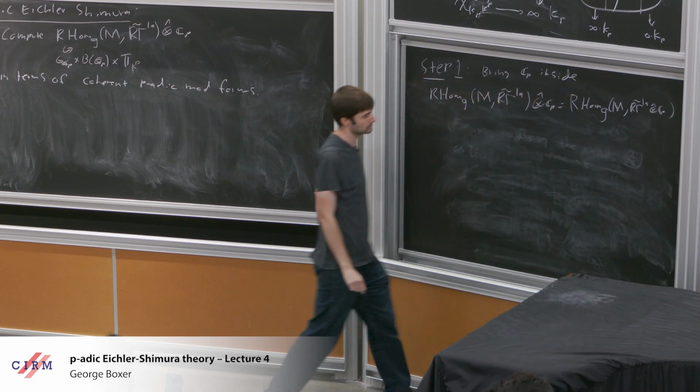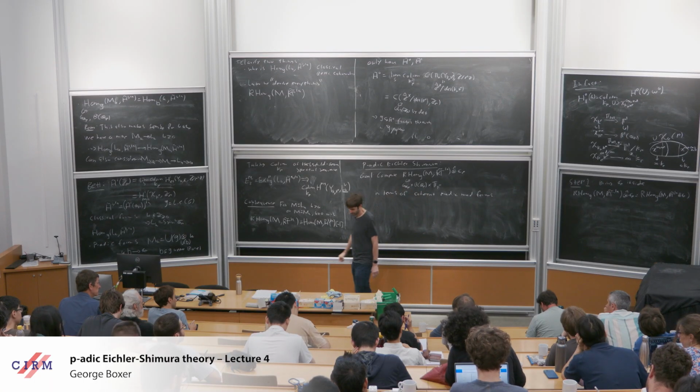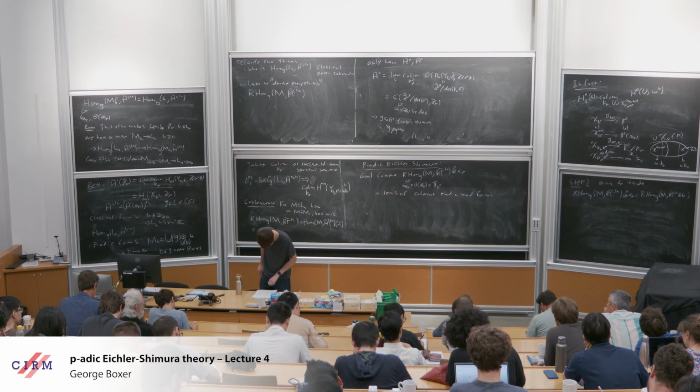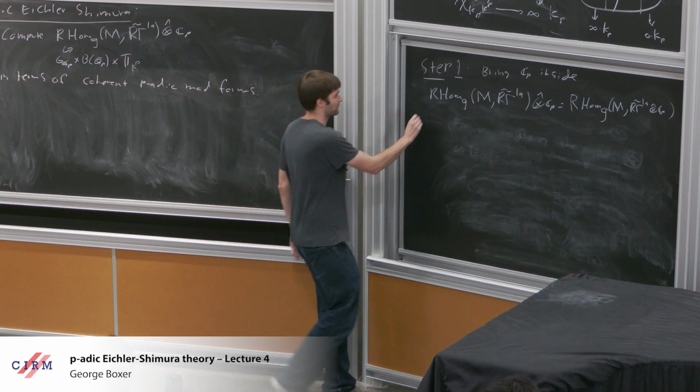Okay? And again, one needs to be a bit careful about topologies and all of these things, but it can be done. Okay, so that's step one, and this is not very hard to justify.